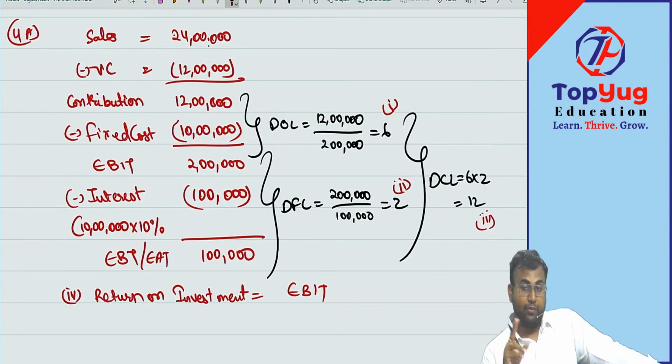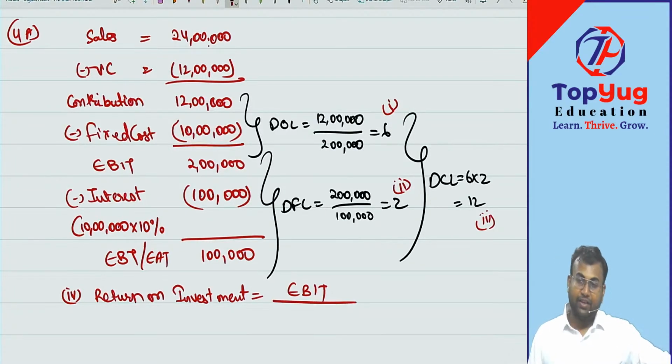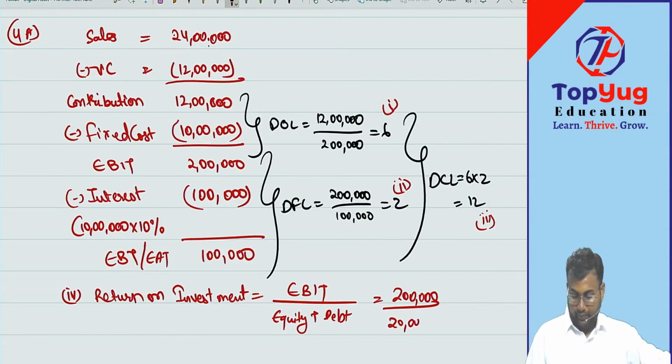But are we also generating 1 more lakh for the debt? So for equity and debt put together, how much is the total return generated? That is at the EBIT level. So EBIT divided by investment. Investment has come in which form? Either only equity or equity plus debt. So that is equity plus debt: 2 lakhs divided by 20 lakhs.